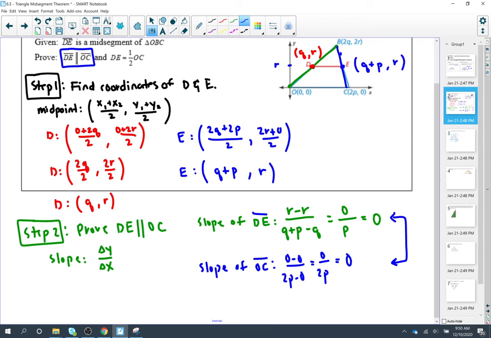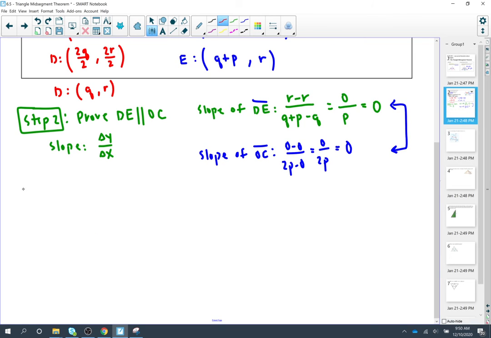But step 3, we still have to prove that DE is half the length of OC. So we're going to go to step 3, and we're going to prove that DE is 1/2 of OC. Now, in order to do that, we're going to have to find the distance.